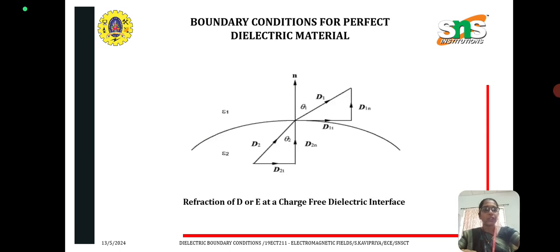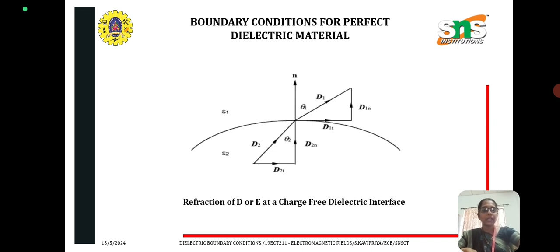For the boundary condition of a perfect dielectric material, we are going to consider the condition for refraction. So refraction of D or E at a charge free dielectric interface. So we have two mediums. Epsilon 1 is the permittivity of medium 1, and epsilon 2 is the permittivity of medium 2. D1 is the electric flux density of medium 1 and D2 is the electric flux density of medium 2.